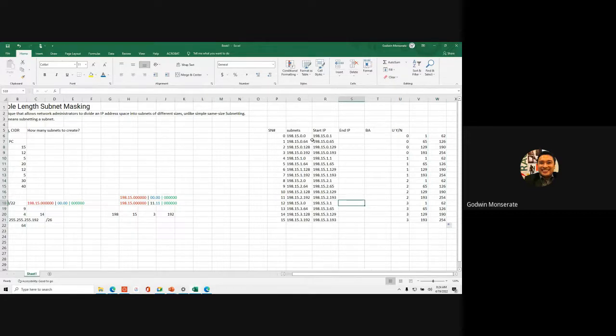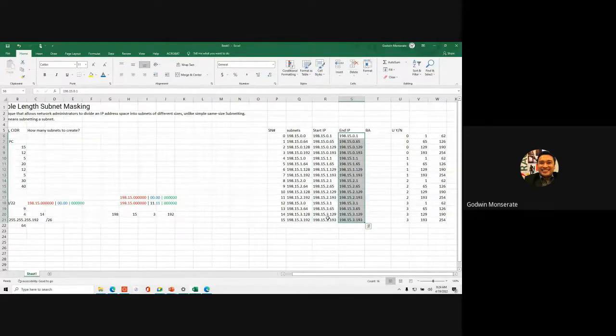What I will do now, in a formula sense, let's copy this one first. My formula will be equals this and ampersand, as 62, plus this plus 62.